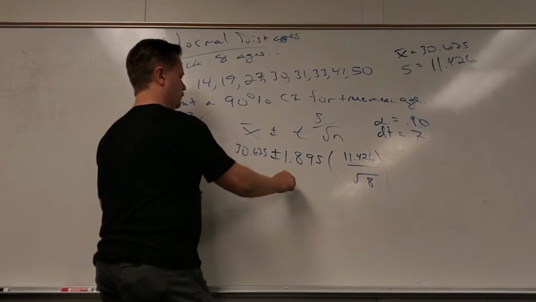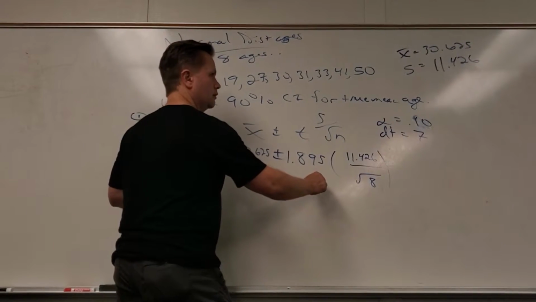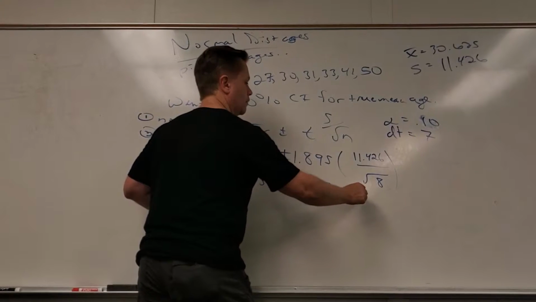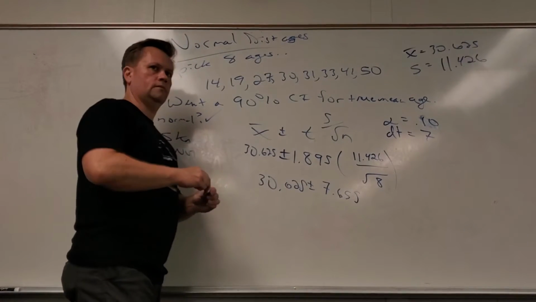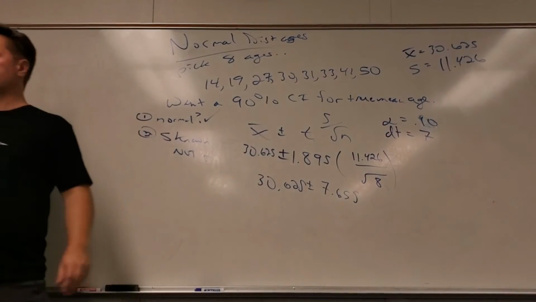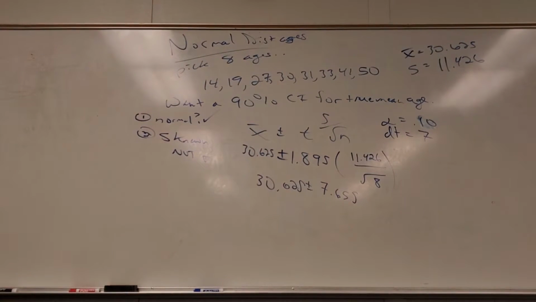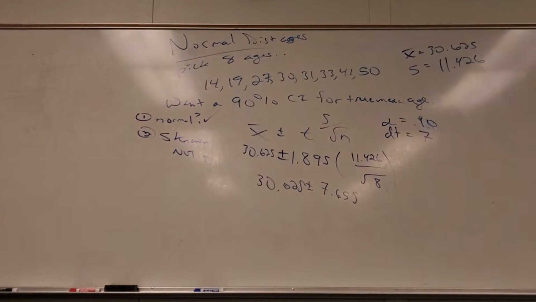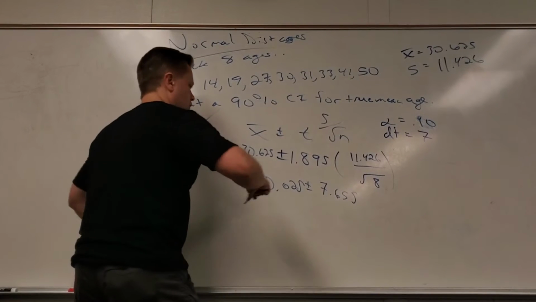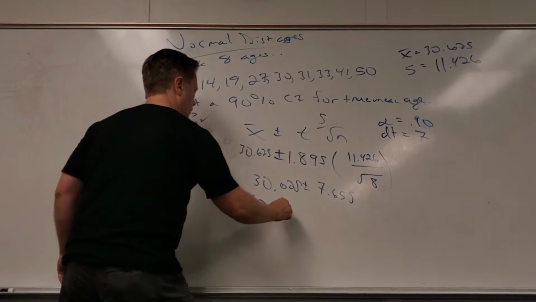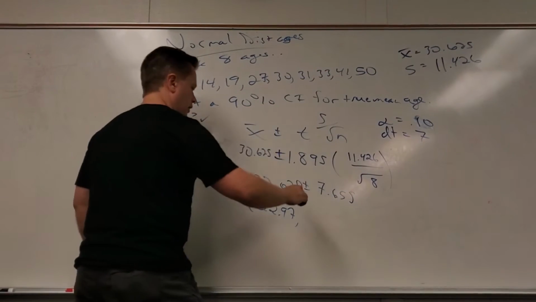So 30.625, give or take this much. So I do my weird little thing, store that in X, 30.625 minus X, and then plus X. Combine it. So I get 22.97 up to 38.28.